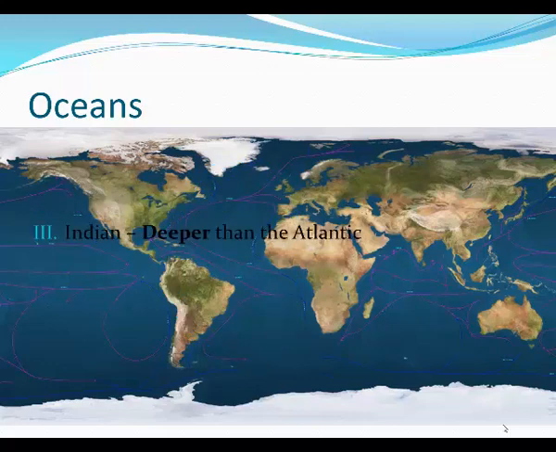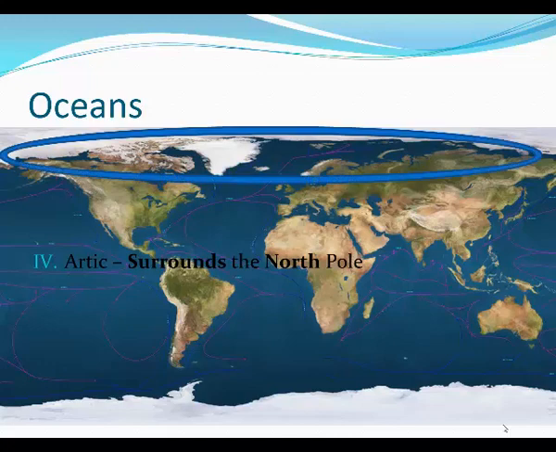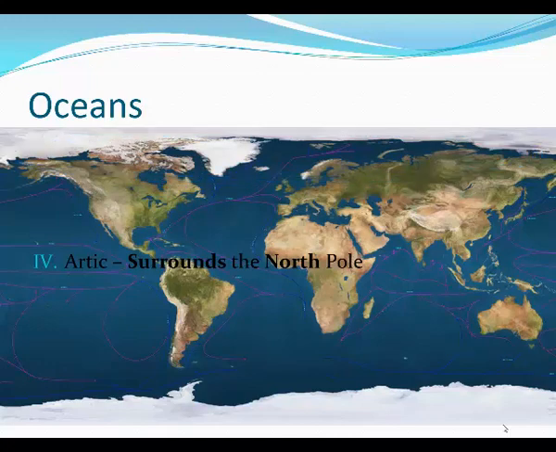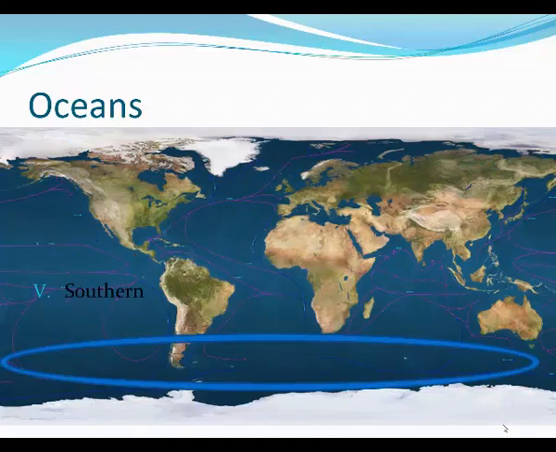The Indian Ocean, it's deeper than the Atlantic Ocean. The Arctic Ocean surrounds the North Pole. The Southern Ocean is that vast area that borders Antarctica, and it is one of the large sections of ocean found on our planet as well.